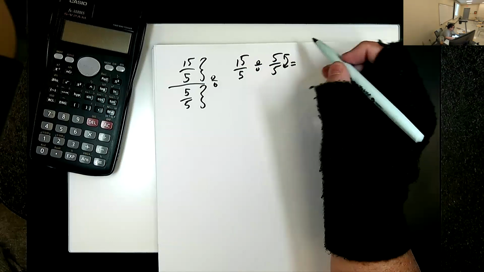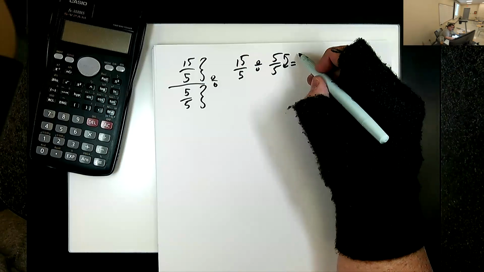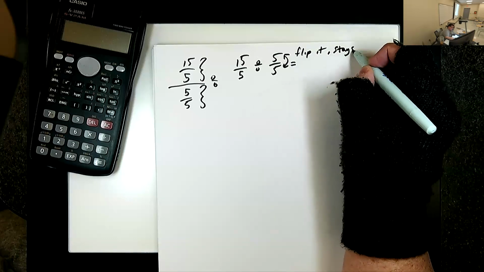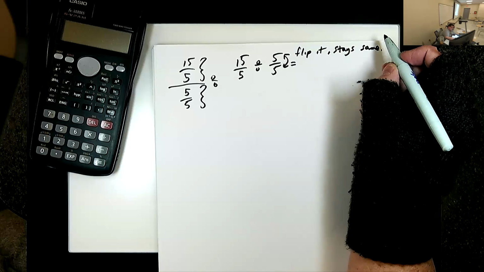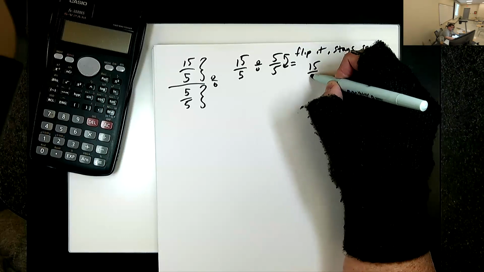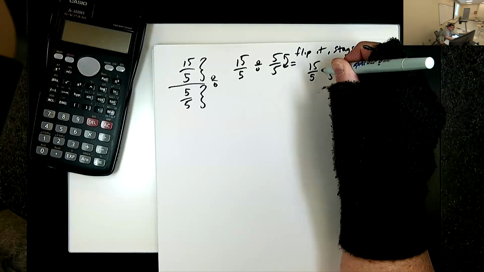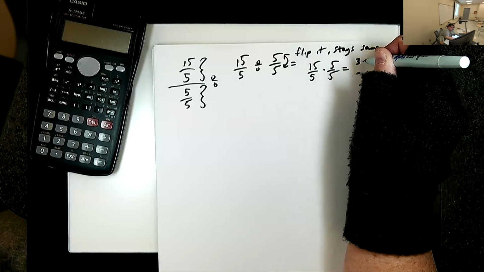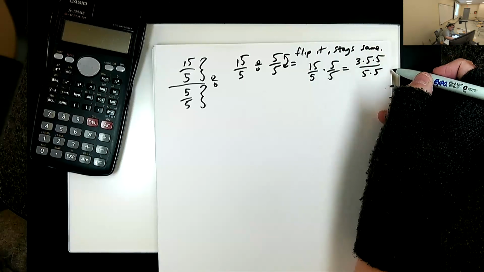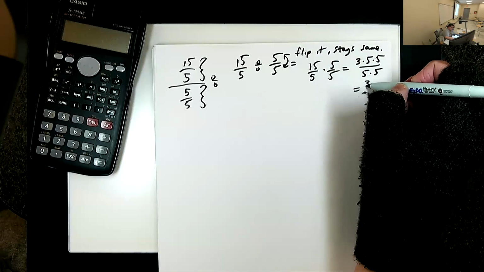This is why I changed to a different thing, because I realized I wasn't going to be able to show flipping it very well. If I flip it, it stays the same in this case. But I could make it multiply. And when I put them together, this is 3 times 5 times 5 over 5 times 5. And my 5's cancel, and I'm just left with 3.